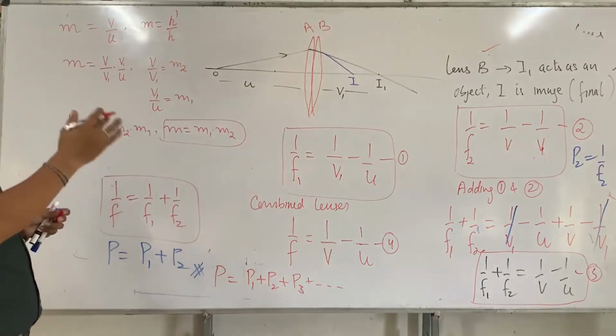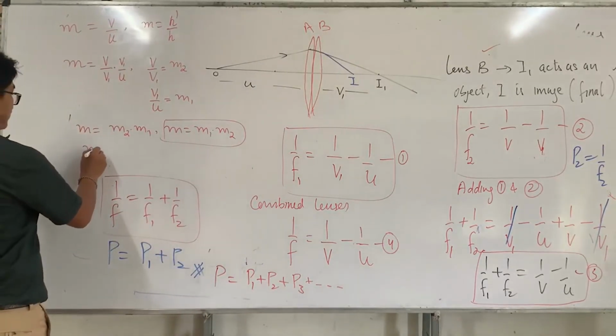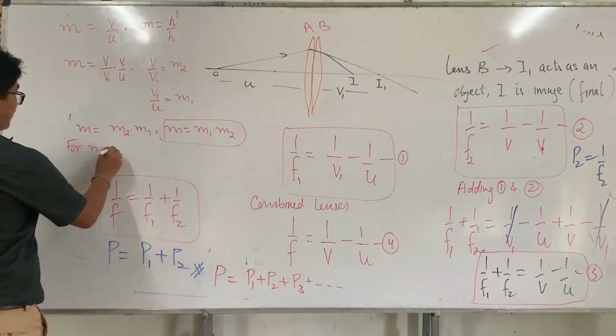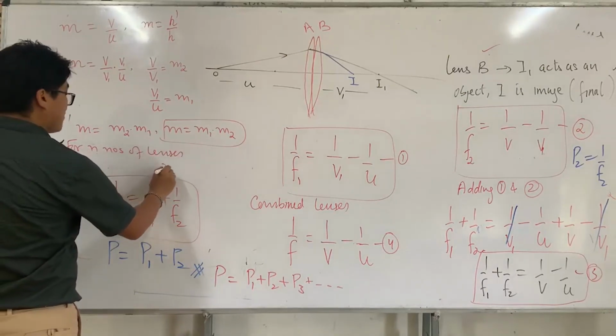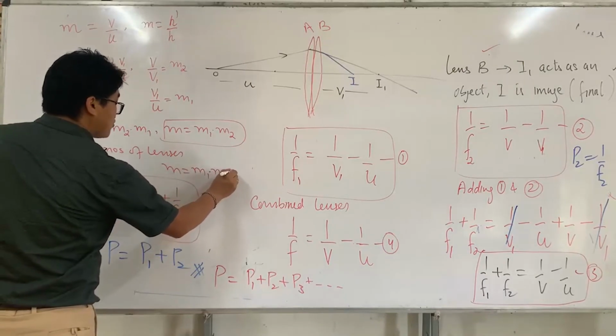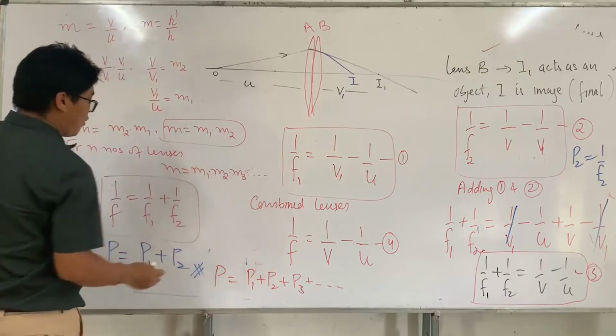If I have n number of lenses combined in contact, magnification can be written as M1, M2, M3, and so on.